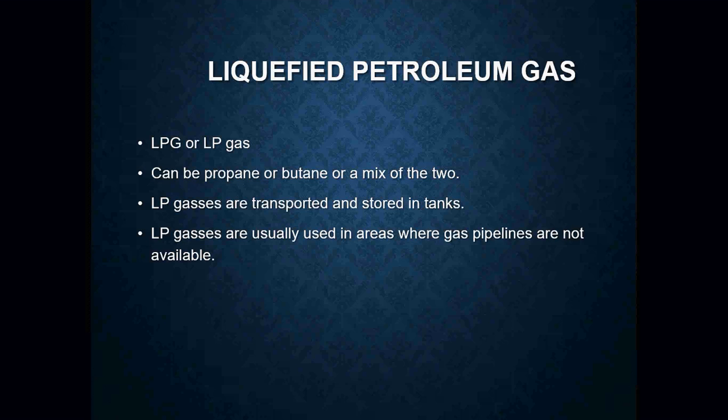That house is being heated by propane or butane. If you see a meter on the side of the house, that's a natural gas meter, metering the gas coming into that home.